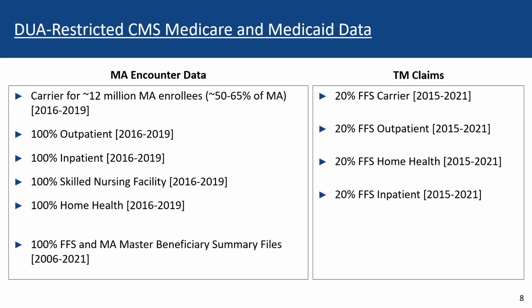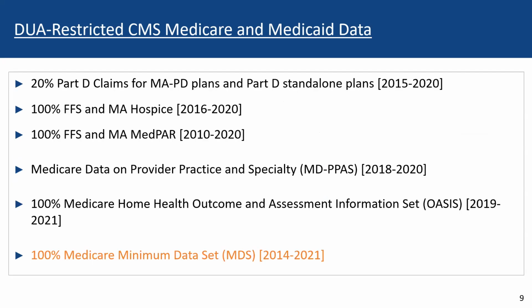And so on the traditional claims side, we have a similar structure, but the sample size is a bit smaller. It's the standard 20% sample we're getting for professional services, outpatient, home health, and inpatient services. And there are a few data sets that include both Medicare Advantage and traditional Medicare beneficiaries. We have their prescription drug claims.